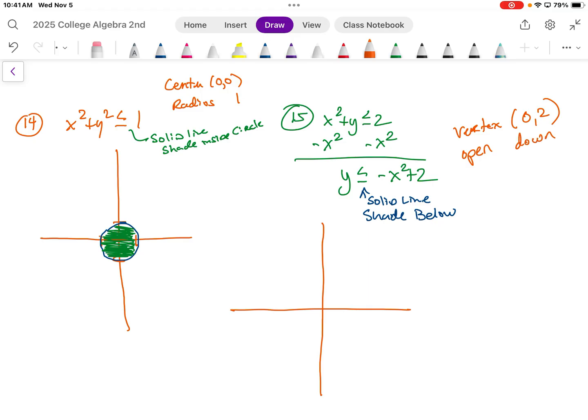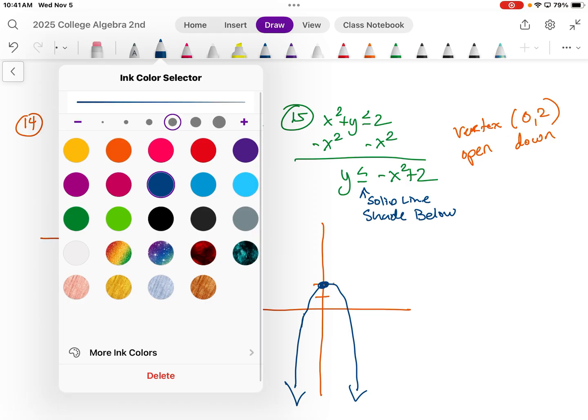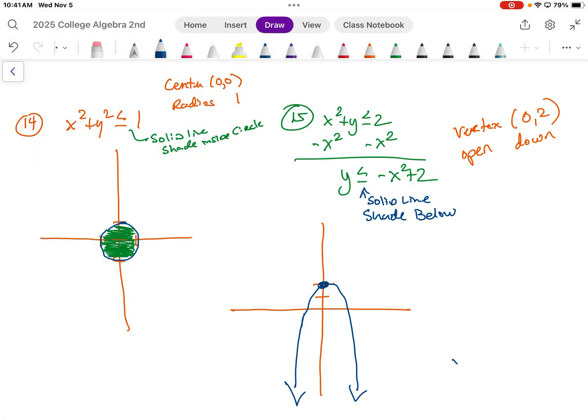Okay, so at 0, 2, I open down. And again, I said I had a solid line, so I drew a solid parabola. Now it said everything below the parabola, so that would be everything inside the center here. That is technically below.